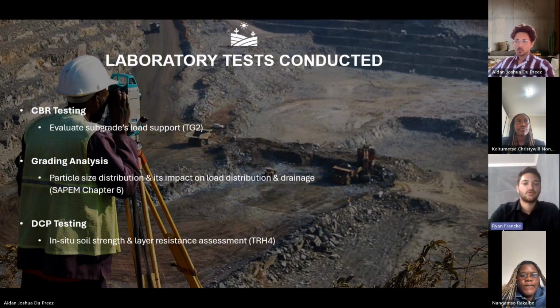Grading analysis, following the South African Pavement Engineering Manual, Chapter 6 guidelines, involves determining the particle size distribution of the soil or aggregate material. This test helps to assess the proportions of different size particles within the material, which directly impacts the material's load distribution and drainage properties.